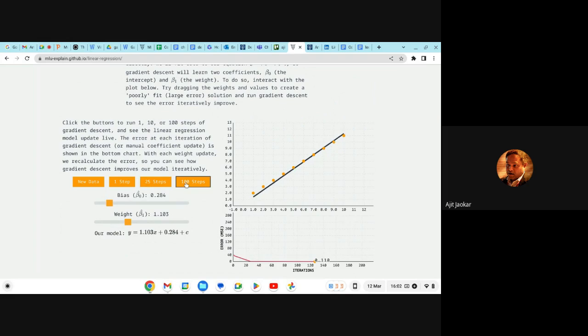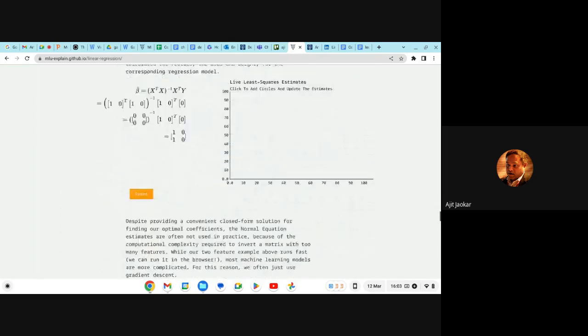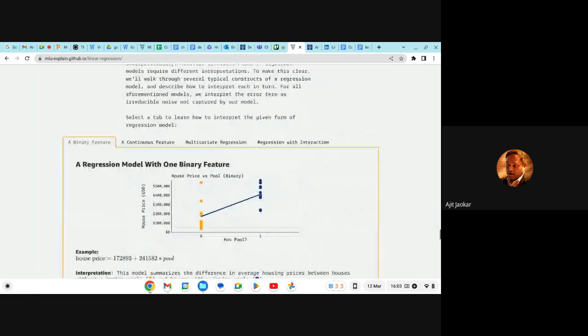With 100 steps, it has moved like that. So you train it with a series of steps, and it fits what looks to be the best possible line in this case, by minimizing the best squared fitted line from there onwards.